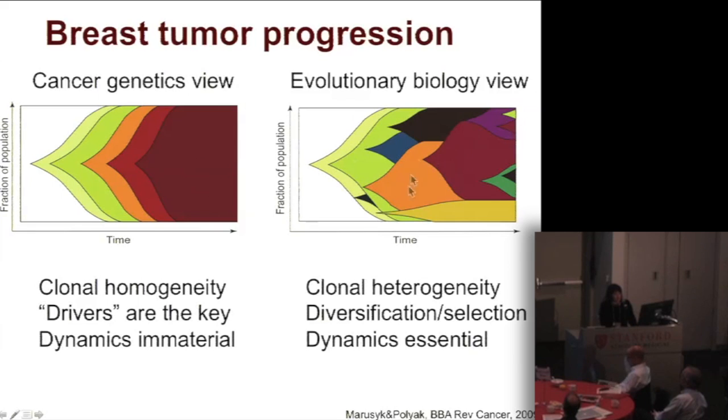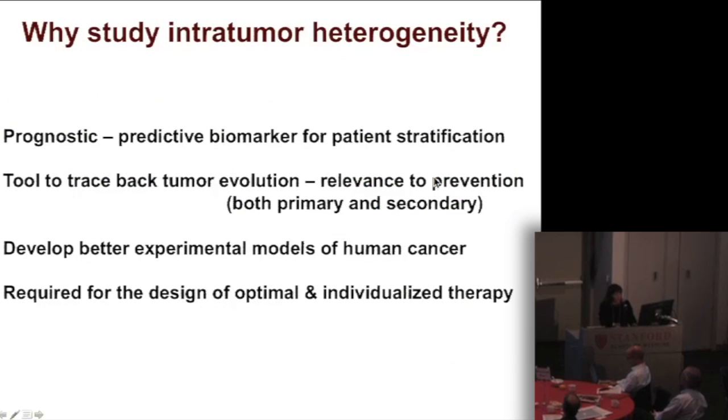In reality, we have a much more evolutionary biology view of cancer that seems to be closer to what we see in patients. We see very extensive subclonal or clonal heterogeneity, and the selection and diversification in these clones is very important, and it's not so easy to study yet.